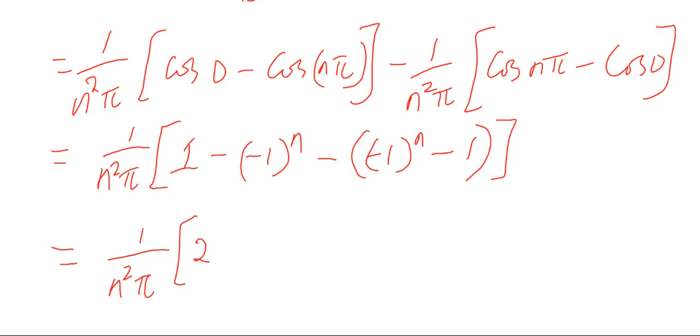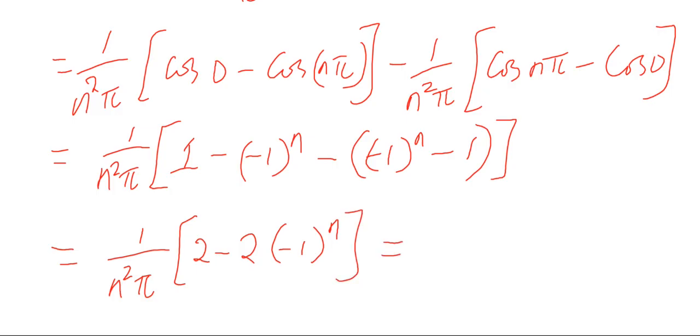Then we have minus 1 raised to power n here, minus. You see the sign here is minus, then we have minus the same quantity, so we have minus 2. When we add them, we get 2 now. Minus 2 into minus 1 raised to power n.